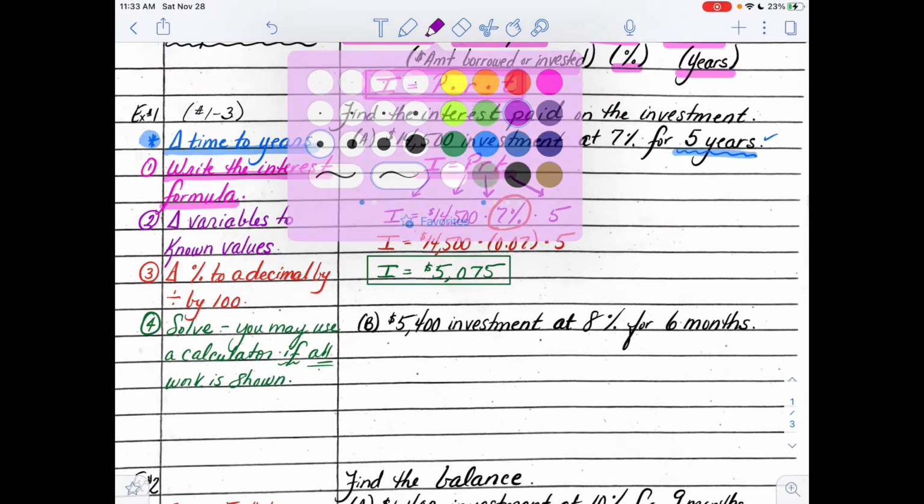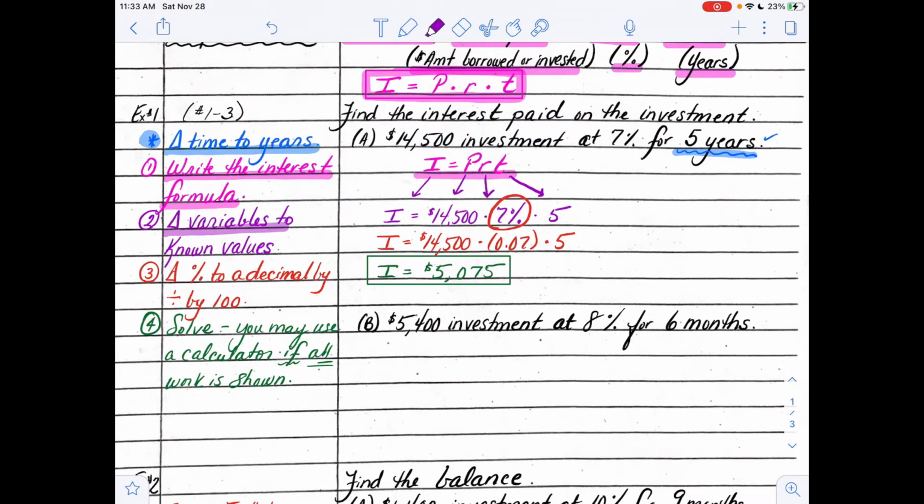Now we're going to change the variables to known values. Let's see what we know and replace it. Interest, I don't know the interest. That's what we're trying to figure out, so that's going to have to stay I. Principal, how much are you investing? Well, you're investing that $14,500.